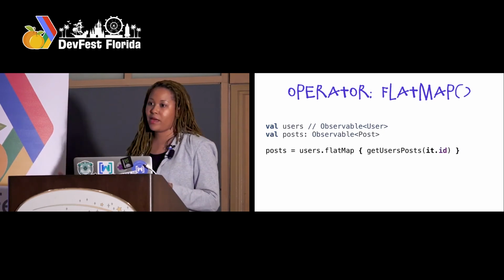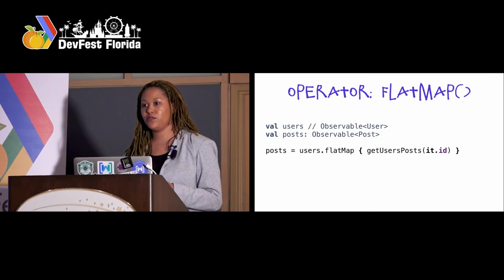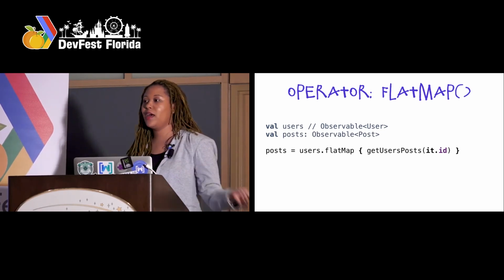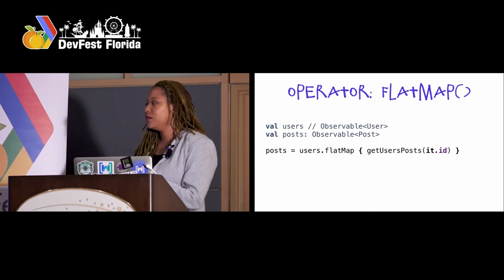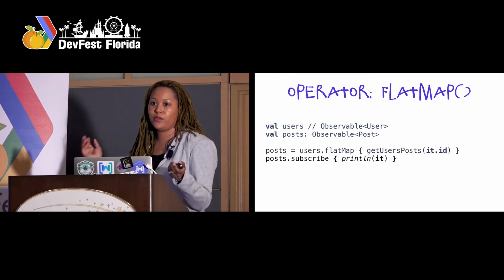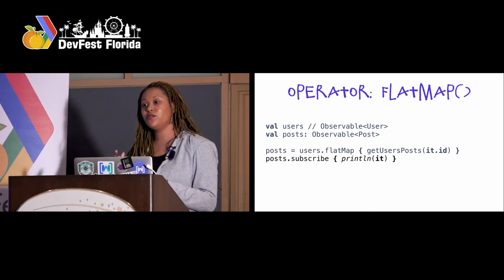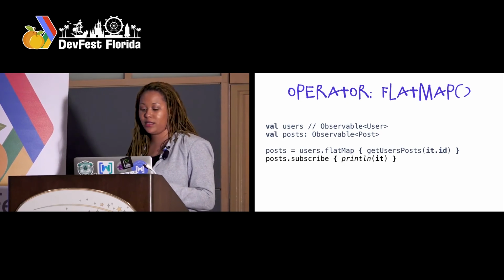You can use flatMap to go through every single user, get all of their blog posts on a separate thread, and then have them all collected back to you, so that your subscriber should just go through and work with only the blog posts. They don't have to be concerned with the users, and they don't have to wait. Everything can just happen asynchronously.